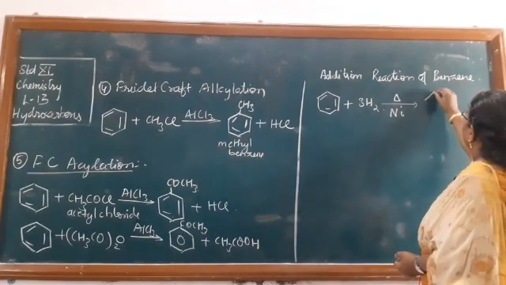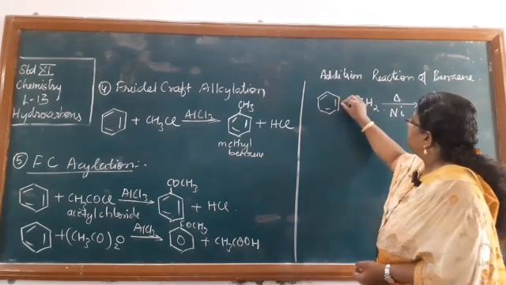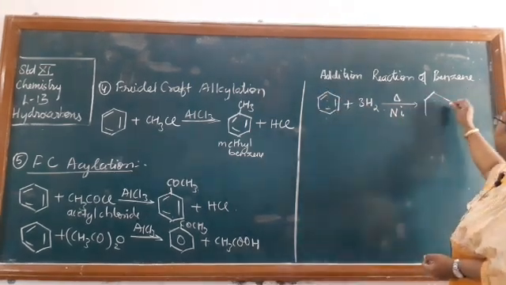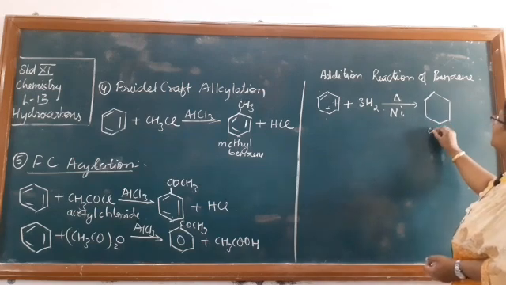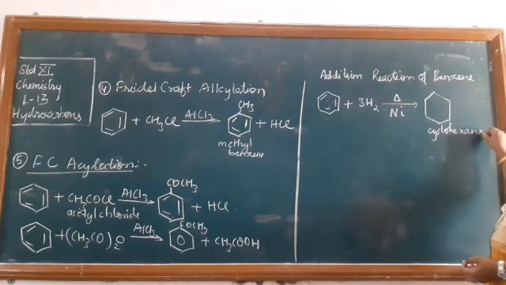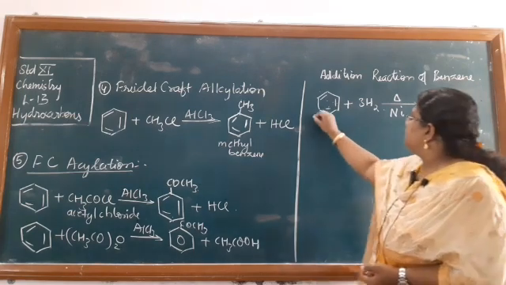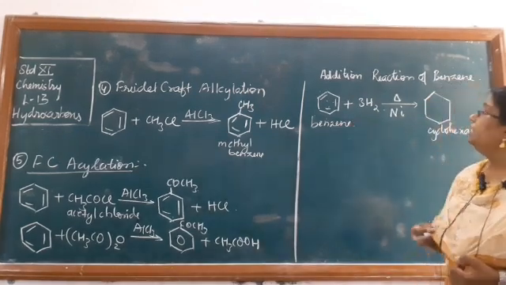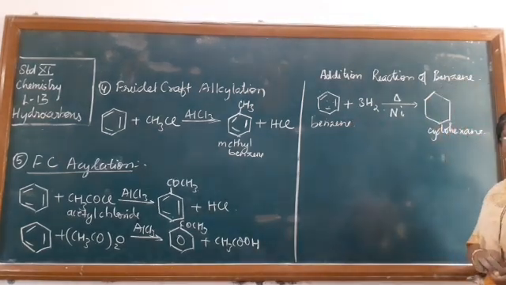You will get the addition product, that is, bond breaking takes place here, here and here. Everywhere hydrogen will get added and you have the product cyclohexane. This is benzene. Followed? This is one type of addition reaction.